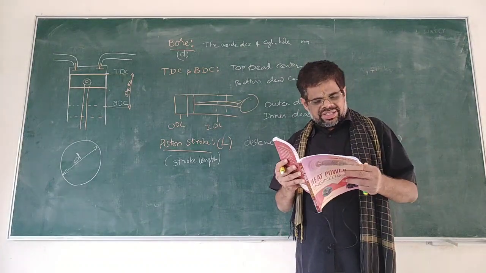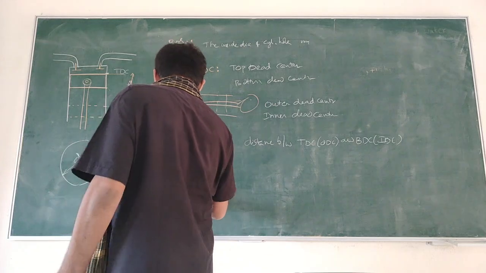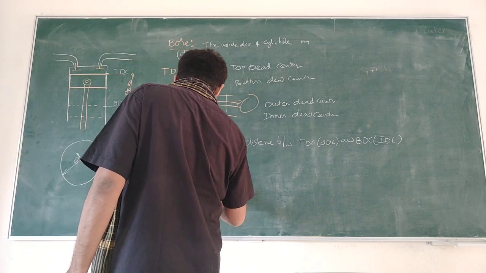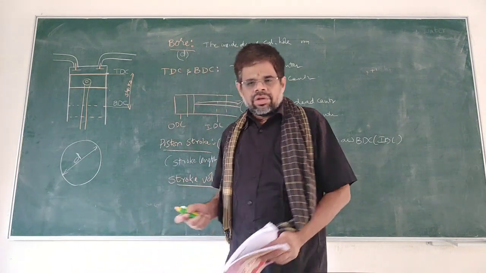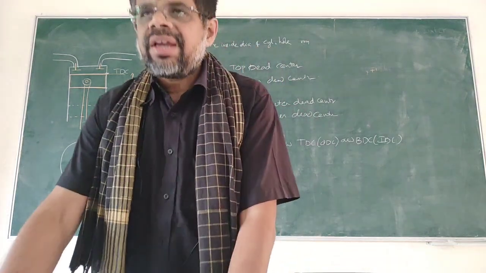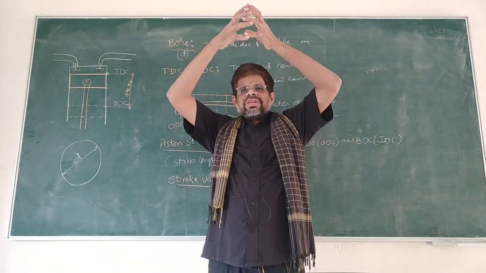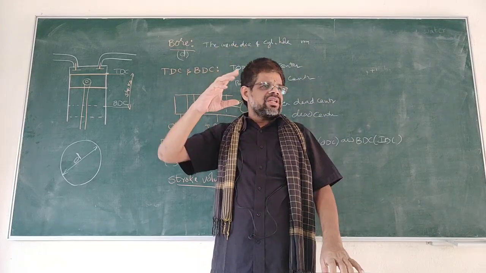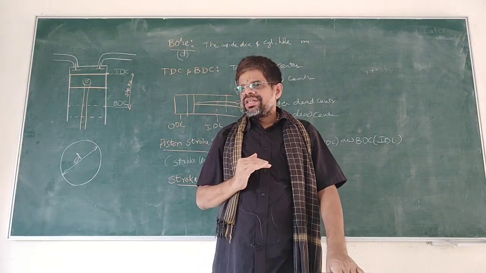And the next one is stroke volume. You already know what is meant by stroke. Stroke is the distance between TDC and BDC, or the distance moved by the piston when it is moving from one dead center to another dead center.